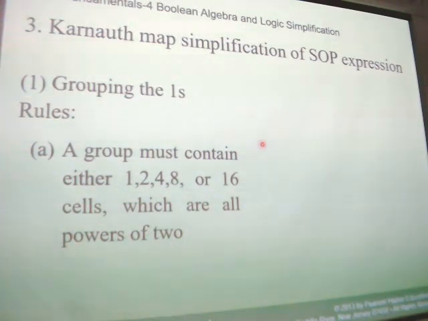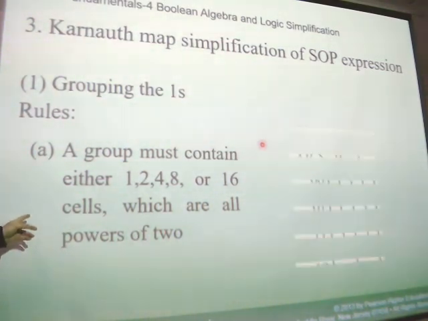All groups must contain either 1, 2, 4, 8 or 16 cells, which are all powers of 2. So we must group the ones using the rules like this.